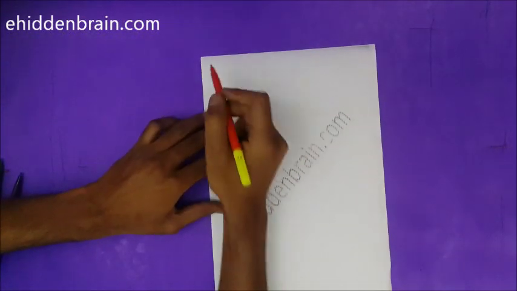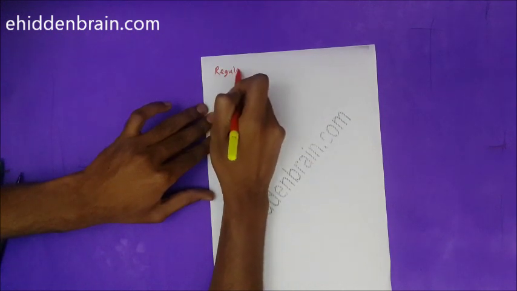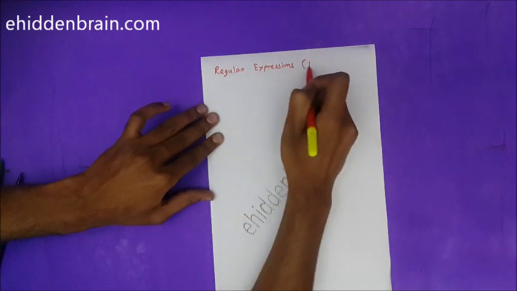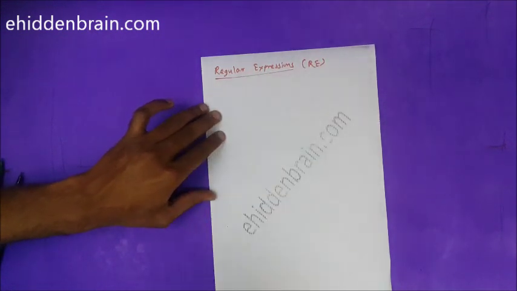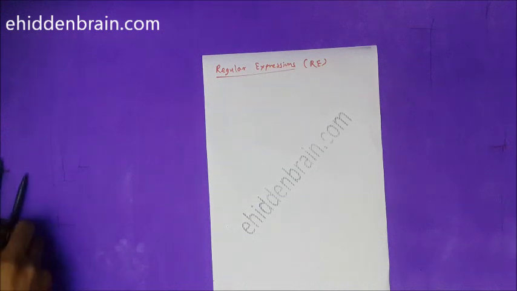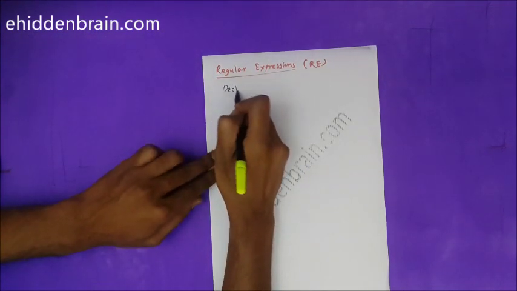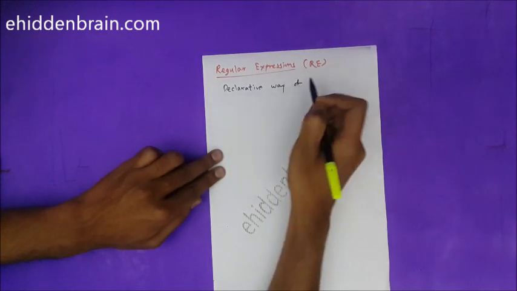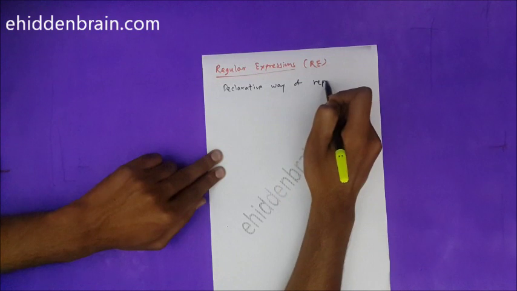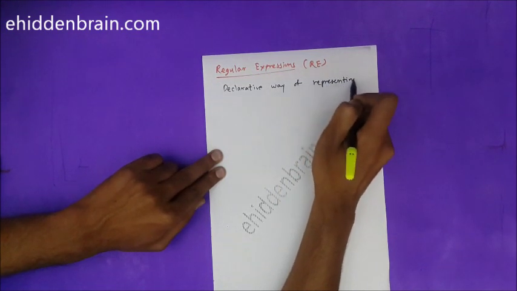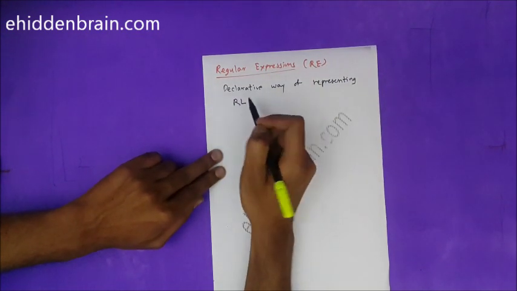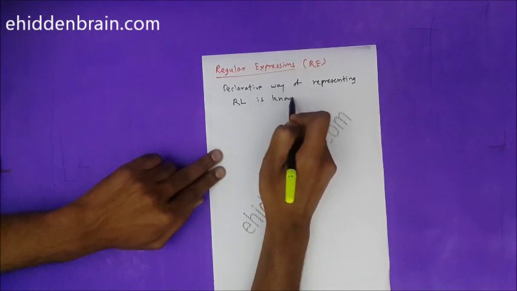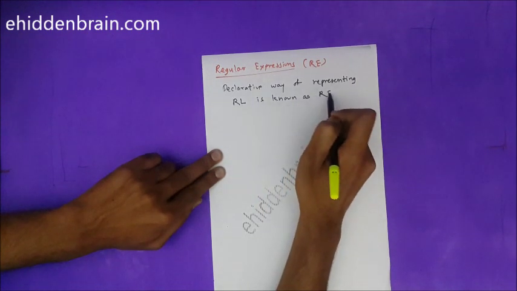Today we'll see regular expressions, which is denoted as RE. The short form of regular expression is RE. A declarative way of representing a regular language is known as regular expression.